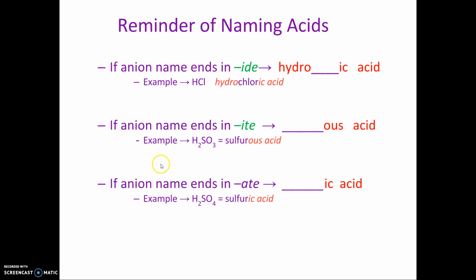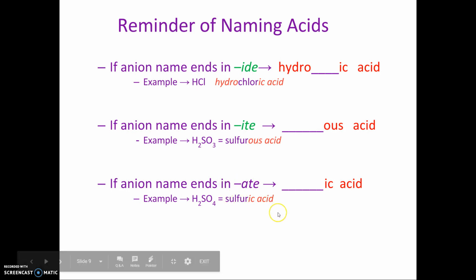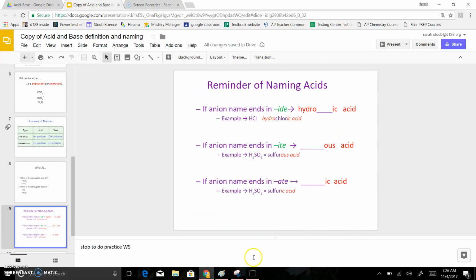If the anion ends in "ite," like sulfite, then you're going to take off the "ite" and add "ous" acid, so it becomes sulfurous acid. And if the anion ends in "ate," like sulfate, chromate, nitrate, then you're going to take off the "ate" and add "ic" acid. Okay, let me show you what I mean.